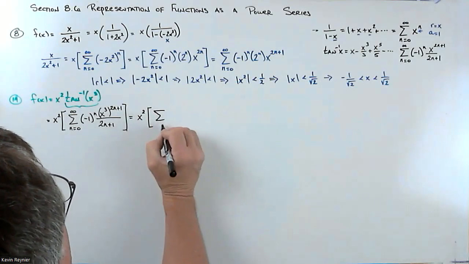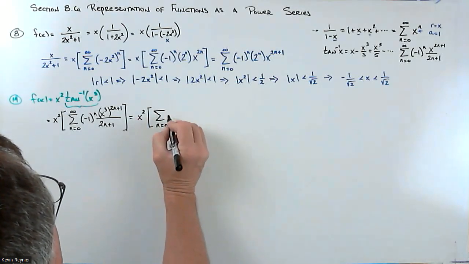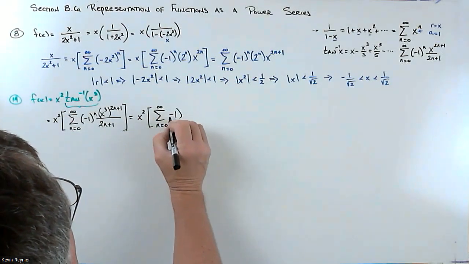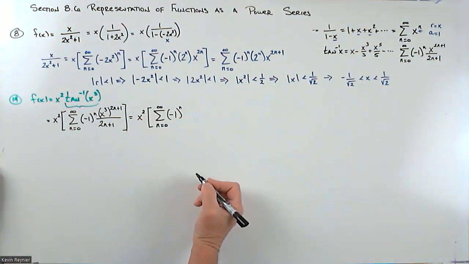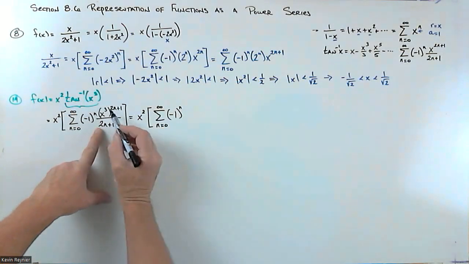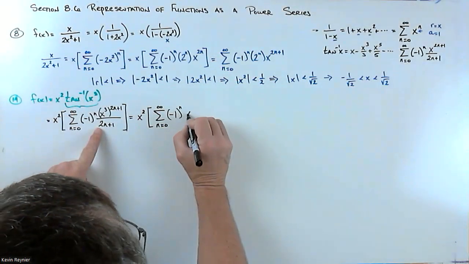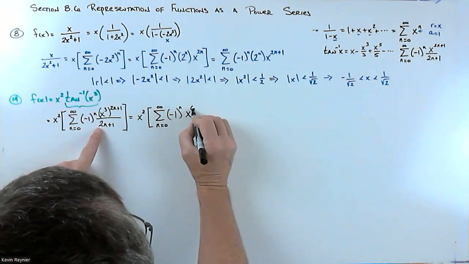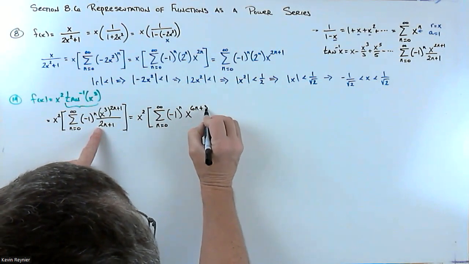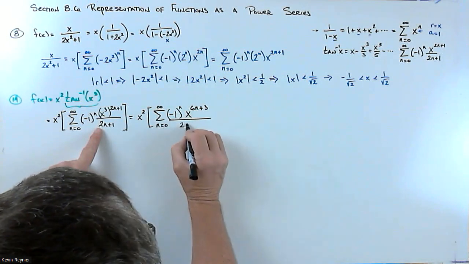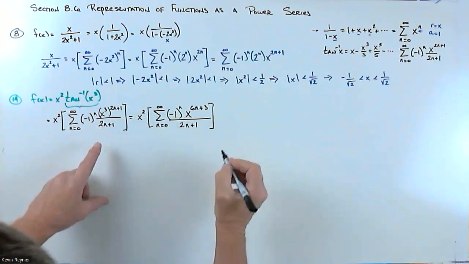We're going to have sigma n equals 0 to infinity, negative 1 to the n. And then from here, using our rules of exponents from algebra 2, power to a power you multiply, we're going to have x to the 6n plus 3, all divided by 2n plus 1.